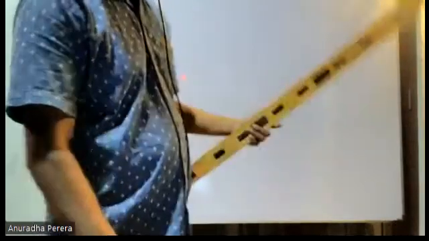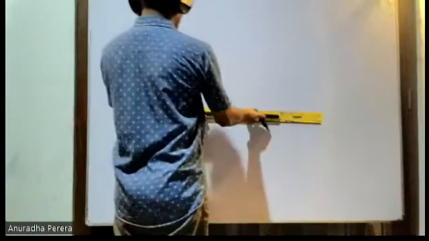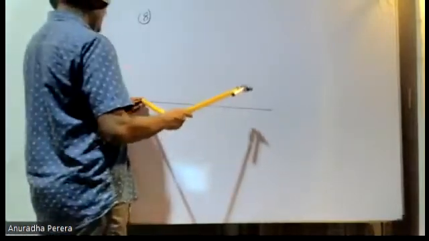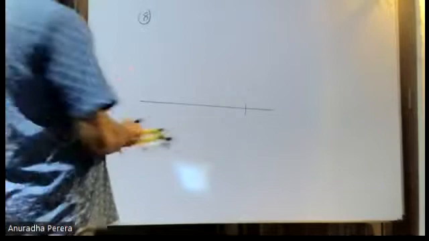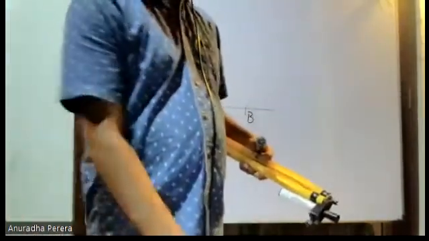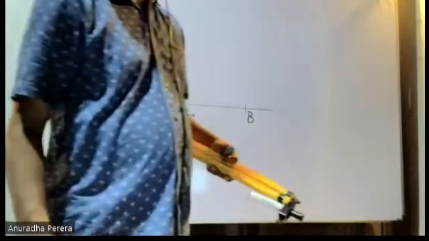Construct the triangle ABC such that AB is 6 cm. Angle ABC is 90 degrees at vertex B, we need 90.